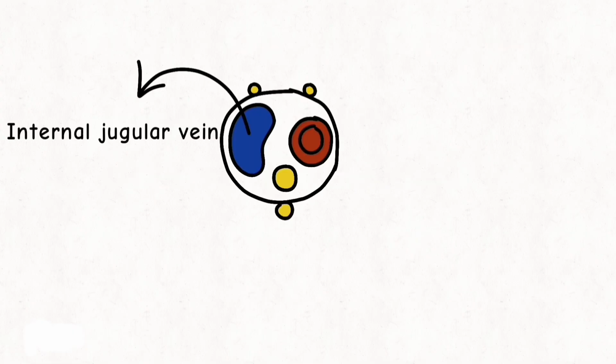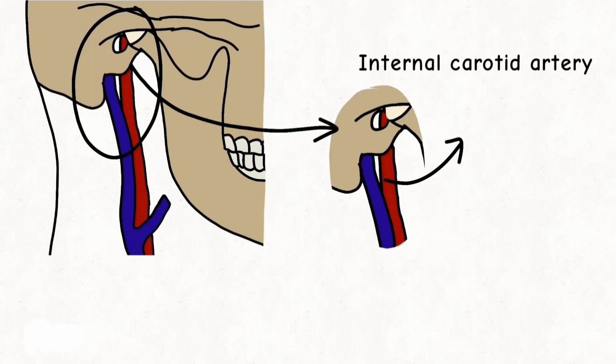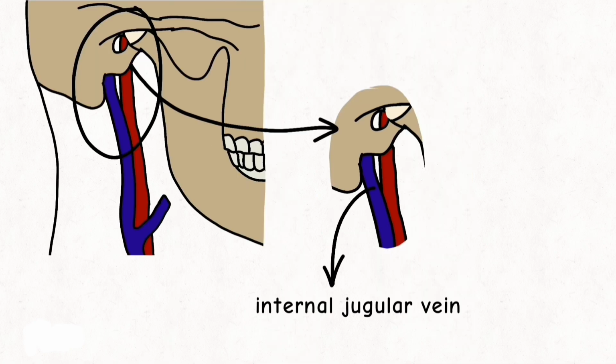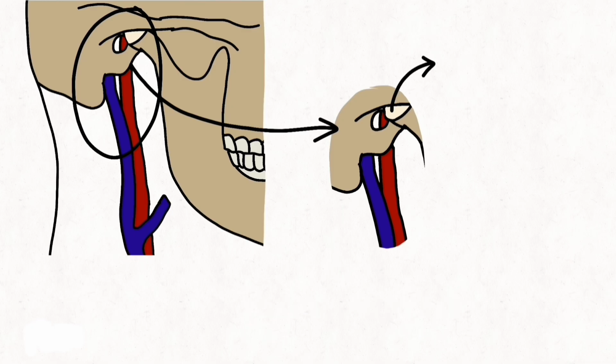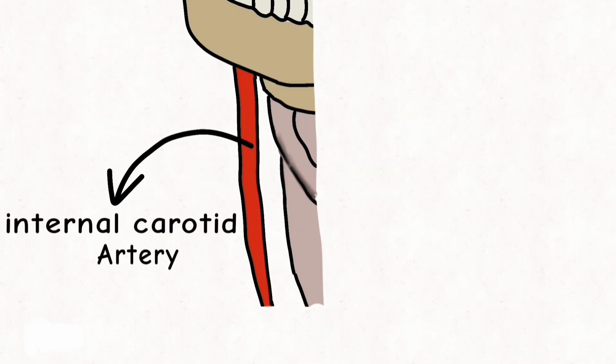Internal jugular vein. The first structure we find lateral to the internal carotid artery is the internal jugular vein. Second structure lateral to the internal carotid artery is the temporomandibular joint. Now we are going to see the structures that are present toward the medial side.